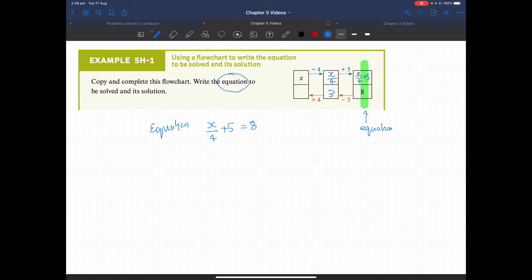Then continuing the backtracking, it's got times 4. 3 times 4 is 12. So x is equal to 12. I've got the letter by itself. That is the solution. So the solution is x is equal to 12.